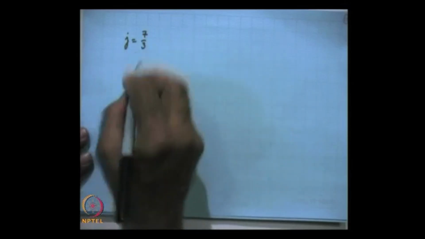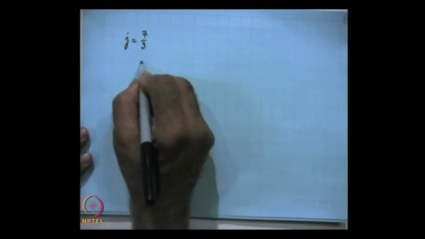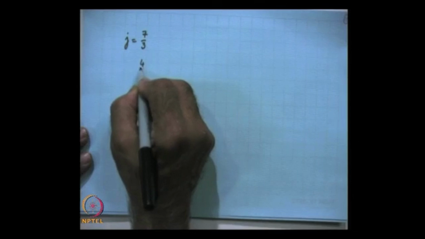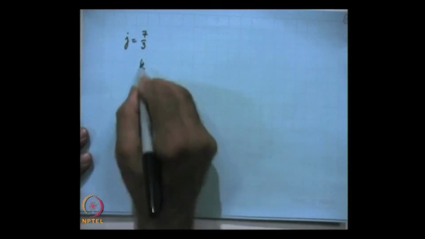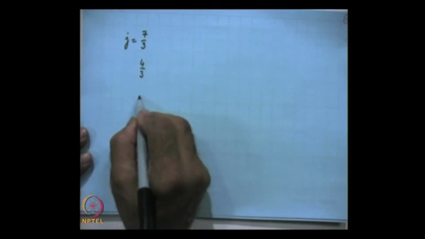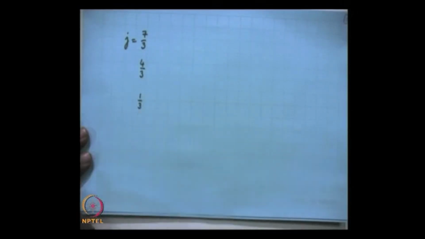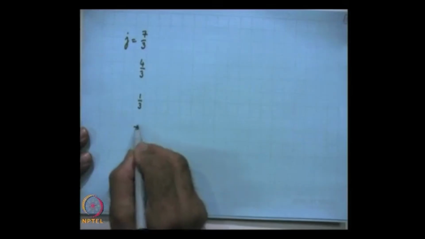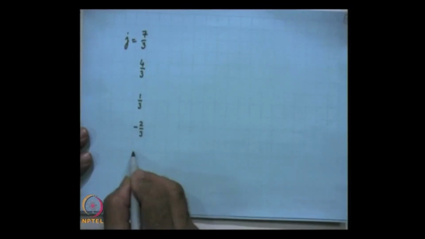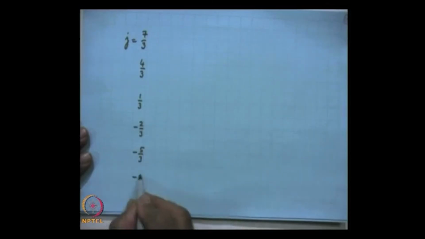So, 7 by 3 minus 1 is 4 by 3, 4 by 3 minus 1 is 1 by 3, 1 by 3 minus 1 is minus 2 by 3, minus 2 by 3 minus 1 is minus 5 by 3, and then minus 8 by 3, and so on.